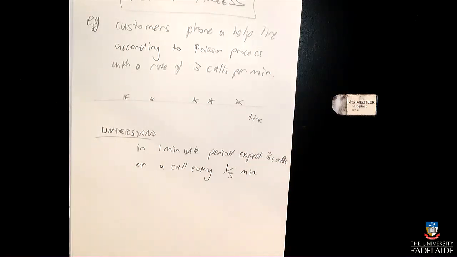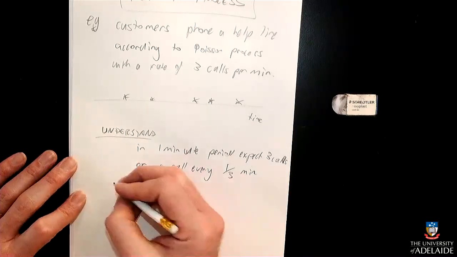And so you could take a particular amount of time and count how many of the calls happen in that time, and that would be a Poisson distribution. Or you could look at how long it takes until the next call happens, and that would be an exponential distribution. Pretty sure.